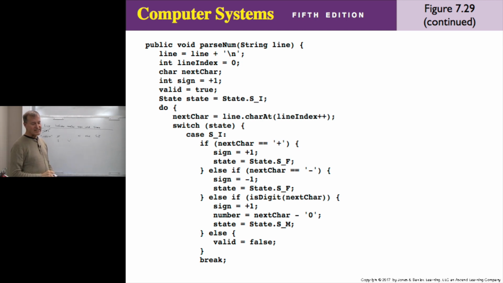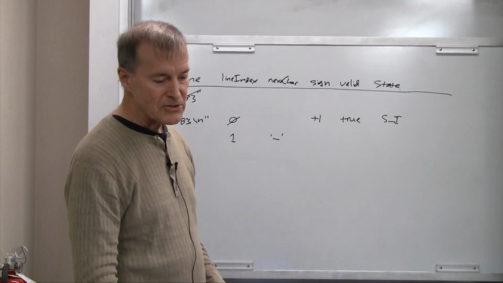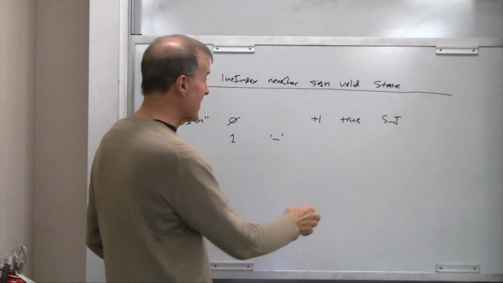And now check this out. Switch state. Now, do you remember how the switch statement works? We evaluate state, and we have case. Look what we have. We have case S underscore I, case S underscore F, case S underscore M. Right. But what is our state?